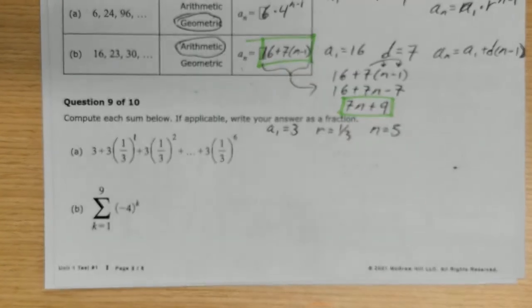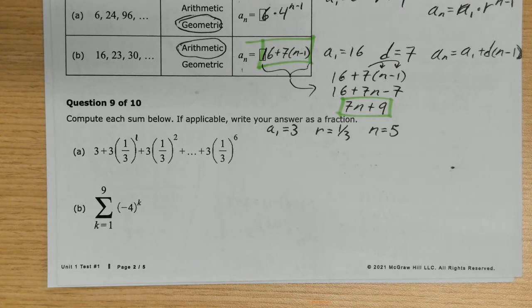If you guys get confused, I'm already confused. This one is kind of confusing. So is it 5 or is it 7? It's 7. Sometimes, if you get to something like this, you want to mimic it. 3 was the first. 3 times 1/3 was the second. 3 times 1/3 to the second was the third. 3 times 1/3 to the third was the fourth.